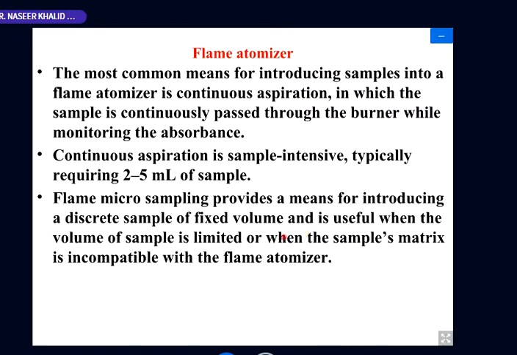This is useful for samples of limited quantity, such as a human blood sample. A human blood sample is precious, so we inject a microliter quantity and get a signal.